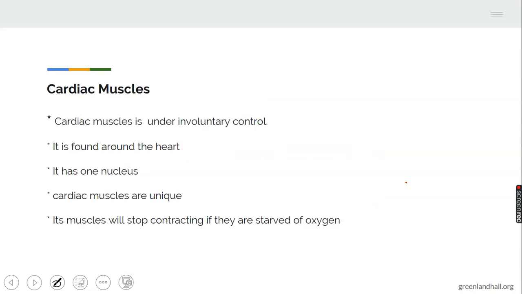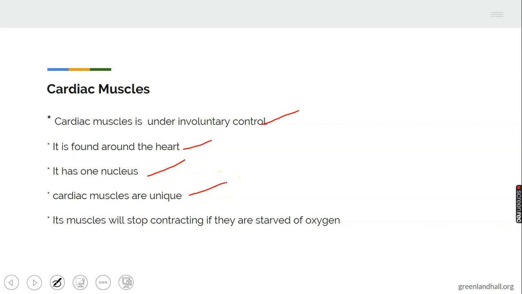Cardiac muscles. From the word cardiac, can you tell me where we have the cardiac? Yes, you. The heart, thank you. Cardiac muscles are also under involuntary control. It is found around the heart. It also has one nucleus. Cardiac muscles are unique.